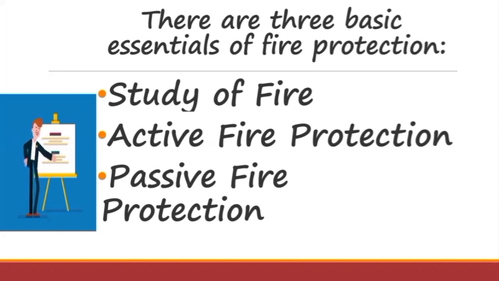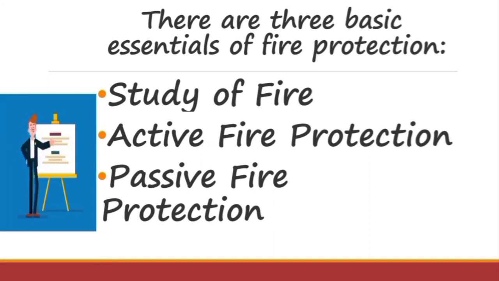That is already a part of passive fire protection because before the fire occurred, or during the construction of the building, there were already fire protections installed and employed. While designing the building, you have already placed and installed fire protection. Okay, so that is passive.